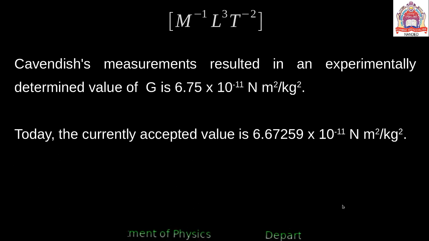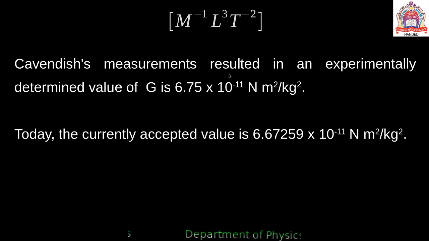The dimension of the universal gravitational constant is M raised to minus 1, L raised to 3, T raised to minus 2. The force is directed along the line joining the particles.